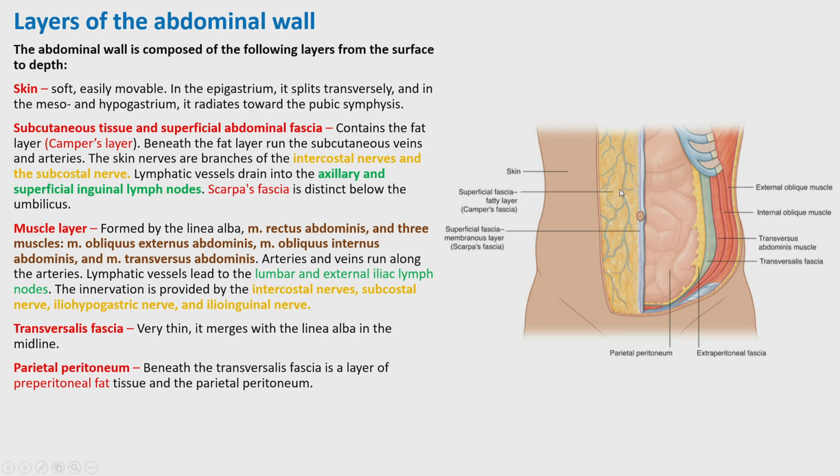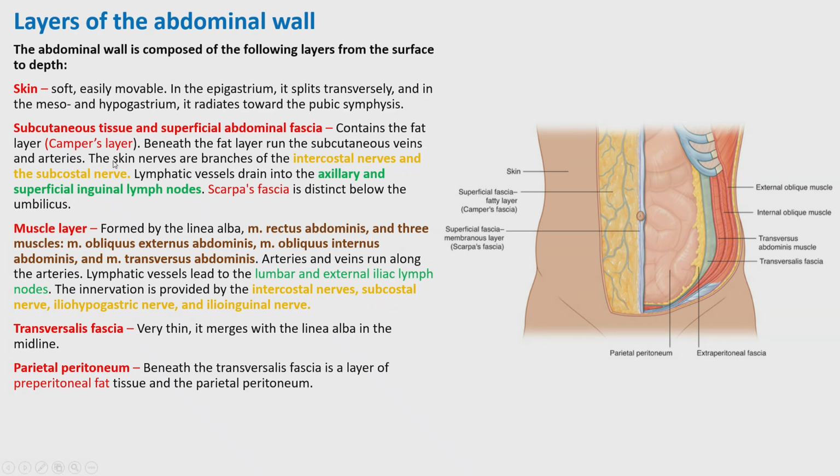This subcutaneous connective tissue contains a lot of fat tissue, which is called Camper's layer. It is very important. In Camper's layer, superficial veins and arteries pass, like the superficial epigastric artery, superficial epigastric vein, and superficial circumflex iliac vein and artery.